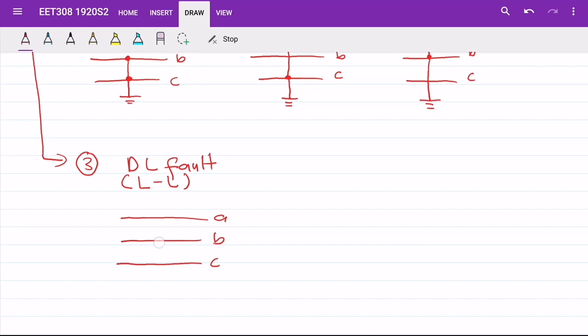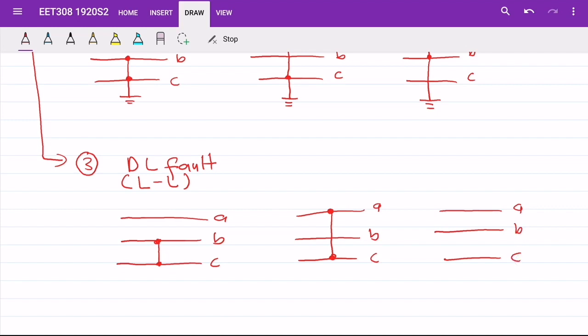Let's say B and C connected. This is for the LL fault. Or A and C connected together, and also A and B are connected together. So this is double line faults or line to line faults in unsymmetrical fault.